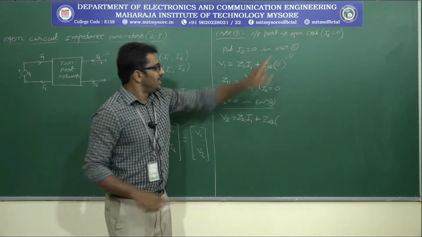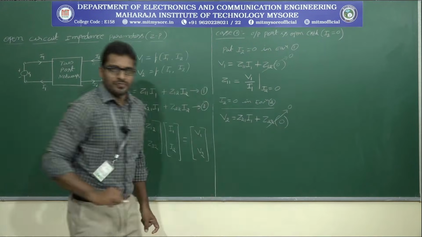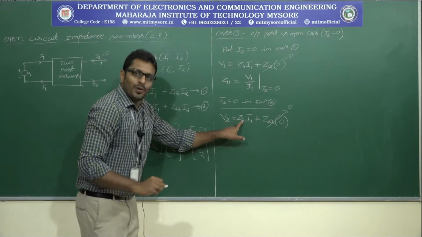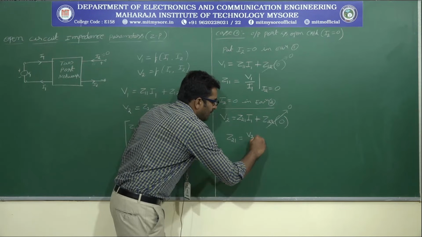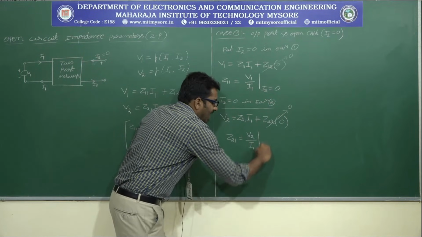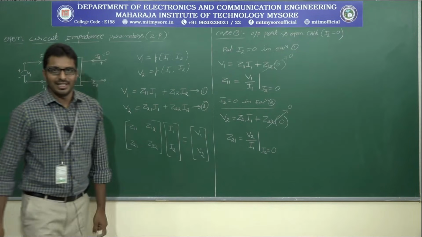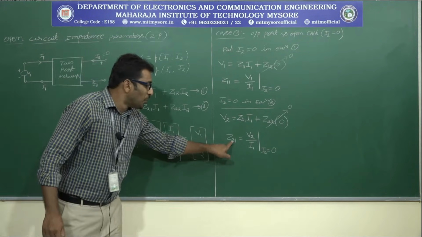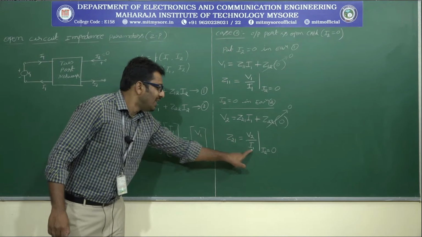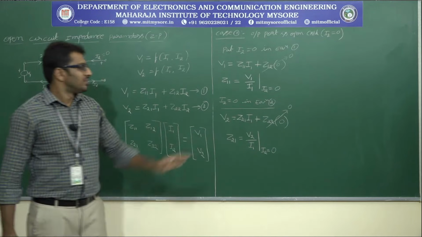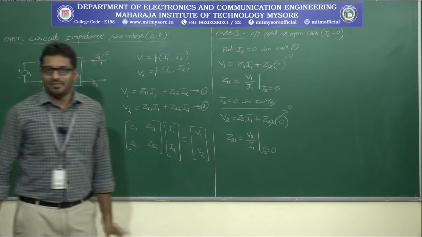Again, what is I2? 0. Substitute 0. Again, this term becomes 0. Is that clear? Now, what is Z21? Z21 is equal to V2 by I1 at I2 equal to 0. Is that clear? Again, say Z21. This 2 indicates V2 divided by this 1 indicates I1. So, this is V1 by I1, and Z21 is V2 by I1.